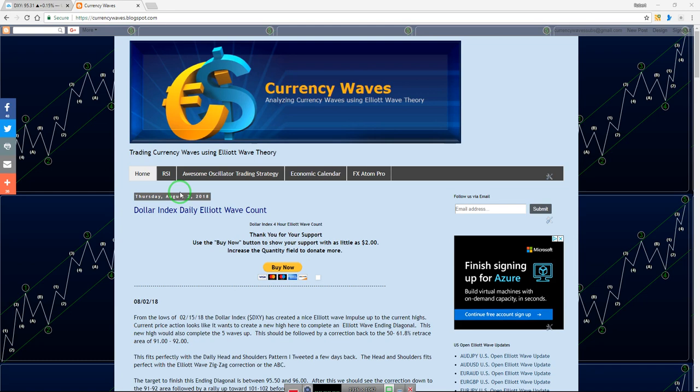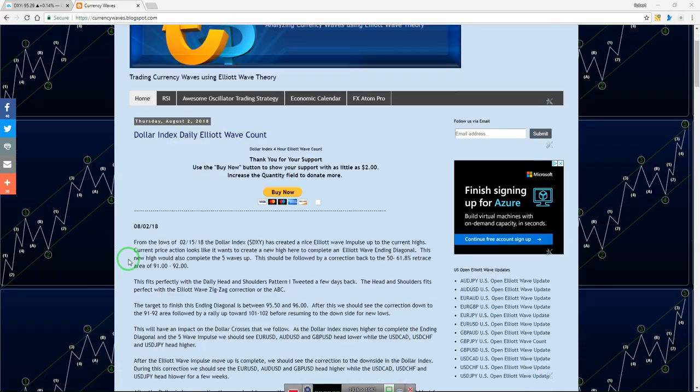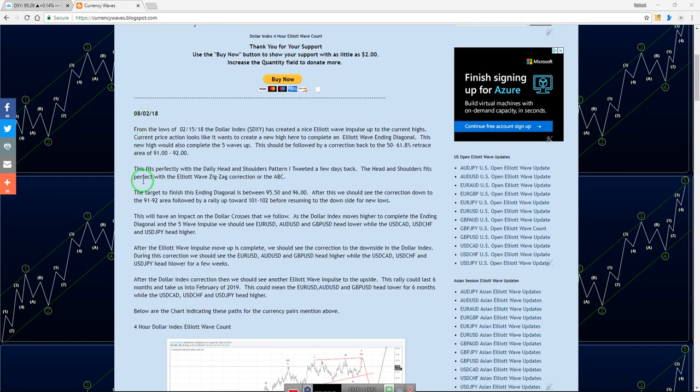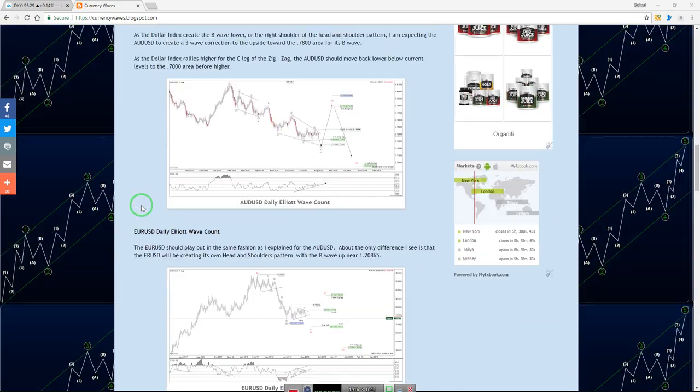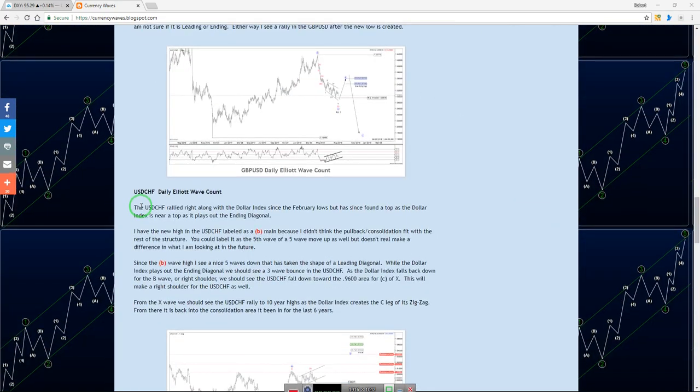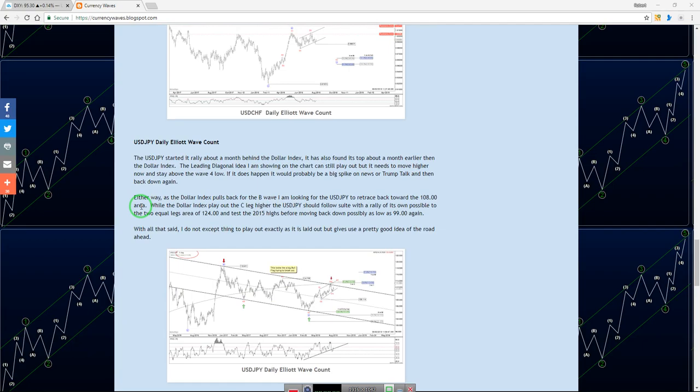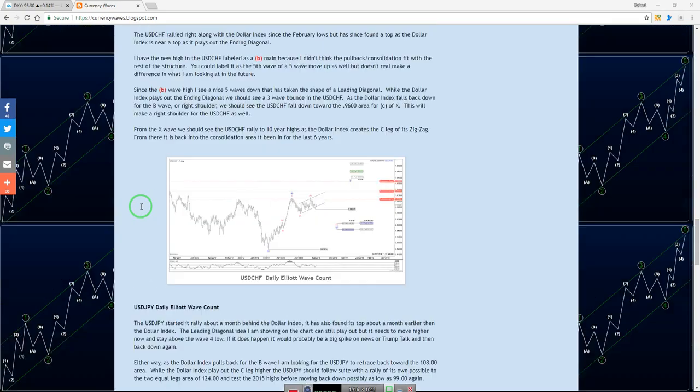Gonna take a look at some currency pairs that we follow real quick. Probably I'm gonna look at more of the swings than I am the count itself, but we'll start out with the dollar index. And I did a post here on the dollar index last week, and it kind of covers the dollar index and the euro, the pound, the Swissy, Aussie is up there, I think, dollar yen.